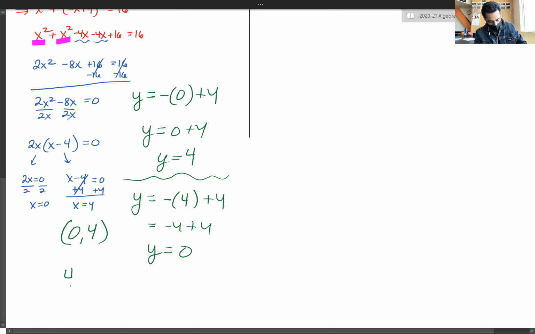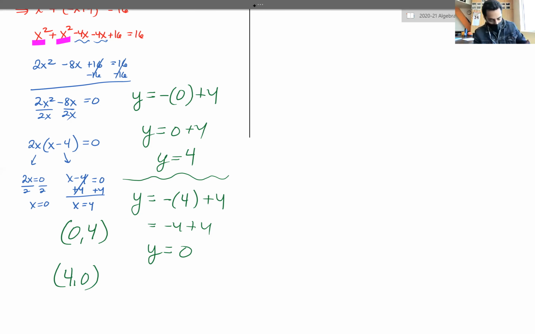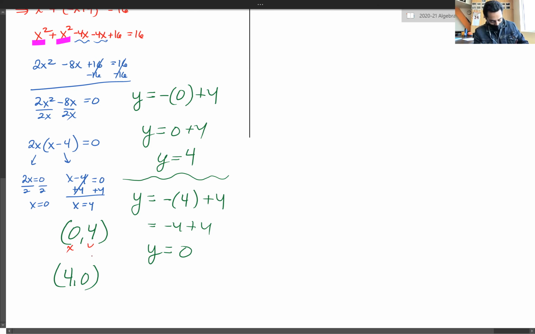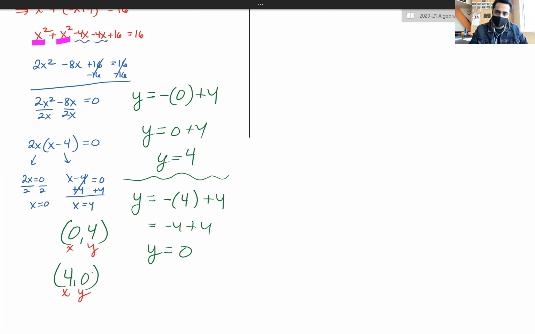It's flipped around. I have 4 comma 0 as my solution. And that's our x, that's our y, that's our x, that's our y. Okay, any questions there for number 3?